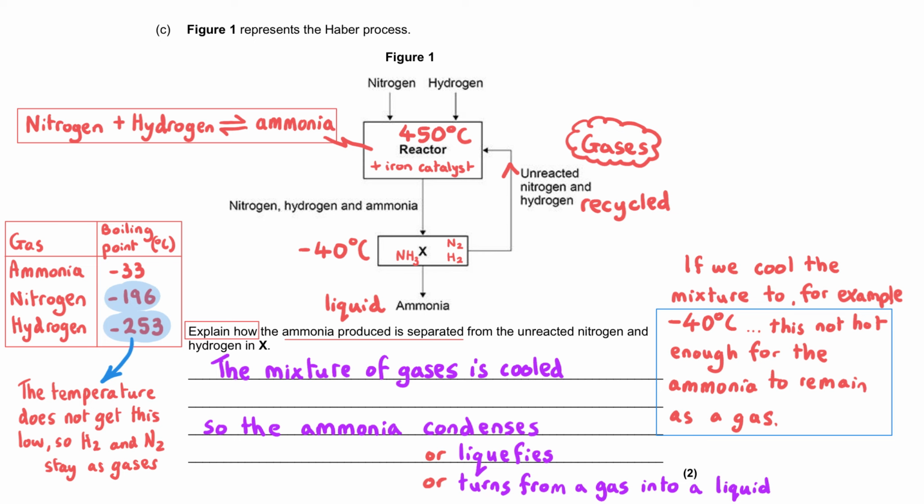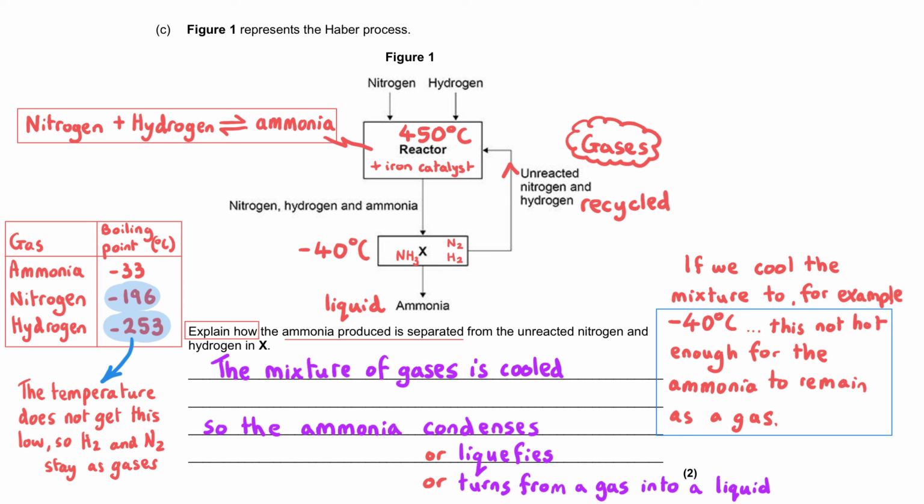And what that allows us to do is to get liquid ammonia out of the bottom of container X, and then the gases of nitrogen and hydrogen, they remain in X, and then they can be pumped around still as gases back into the reactor, where they will go again and react again to make more ammonia.